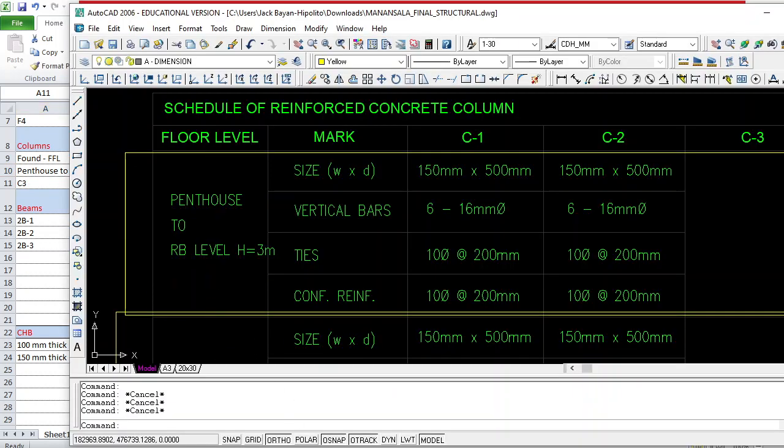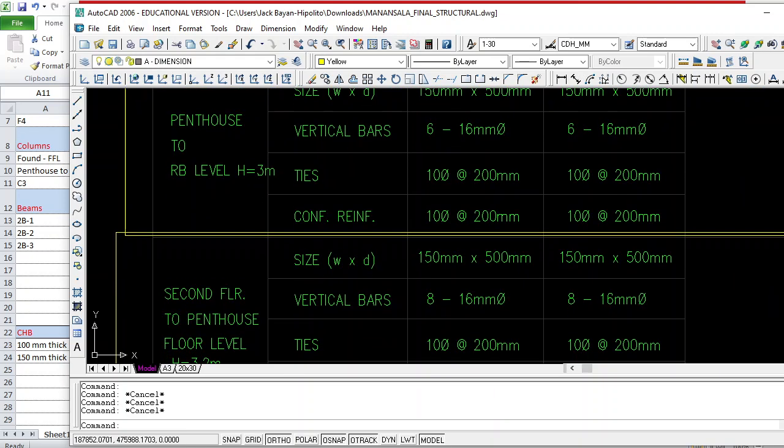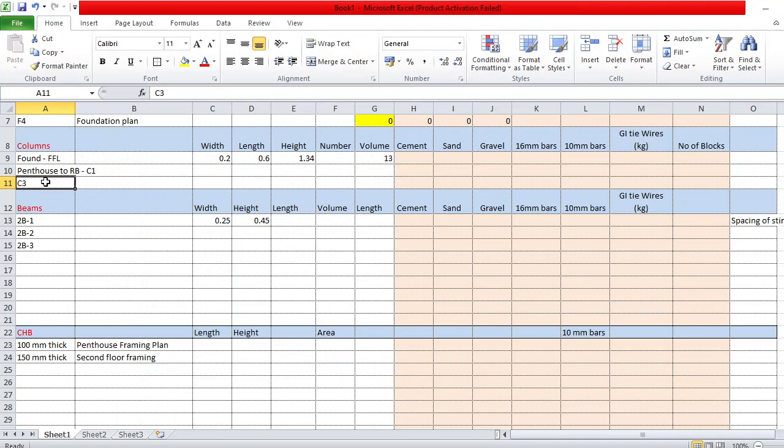Okay? Then, ano yung second level natin? Next level natin. You have your second floor to penthouse. Let's use C2. Okay? Second floor to penthouse. Use C2. Okay?